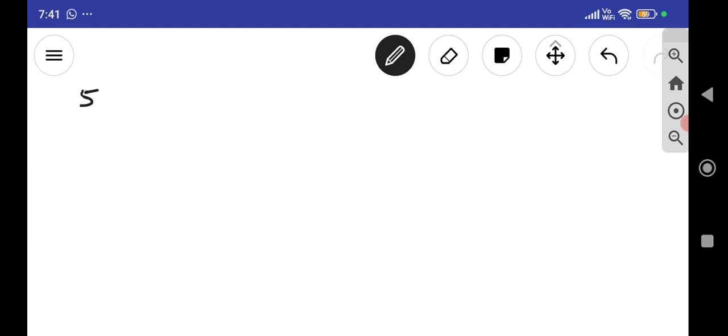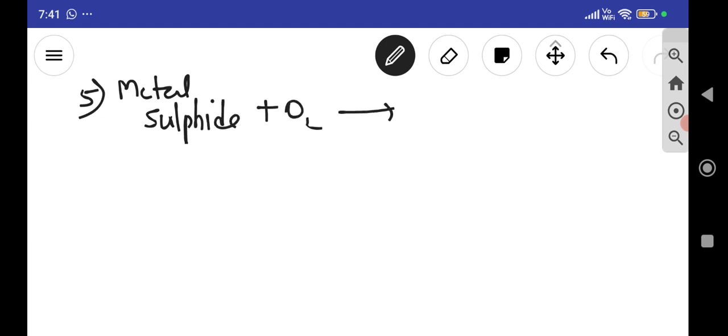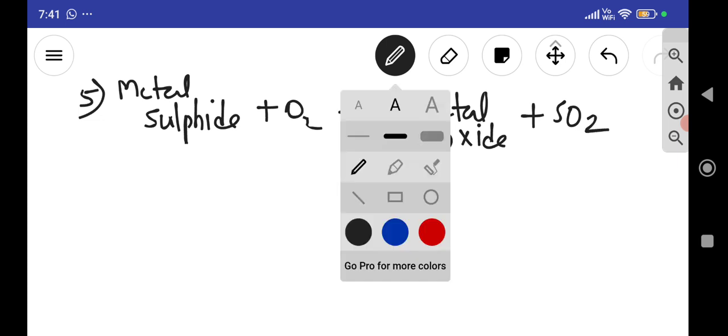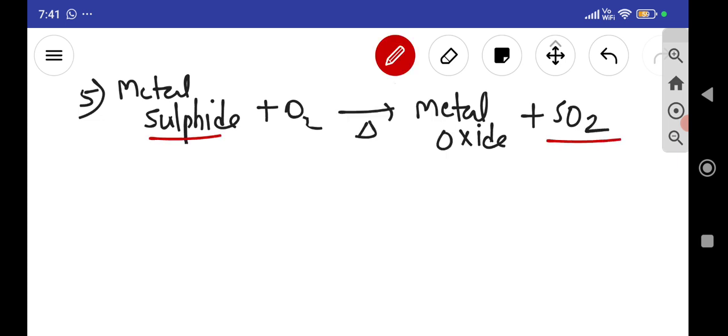Fifth method, we have taken metal sulfide, any metal with S2 minus, combining with oxygen on heating gives metal oxide plus SO2. See, sulfide always gives sulfur dioxide. So we can take the example of zinc sulfide plus O2.